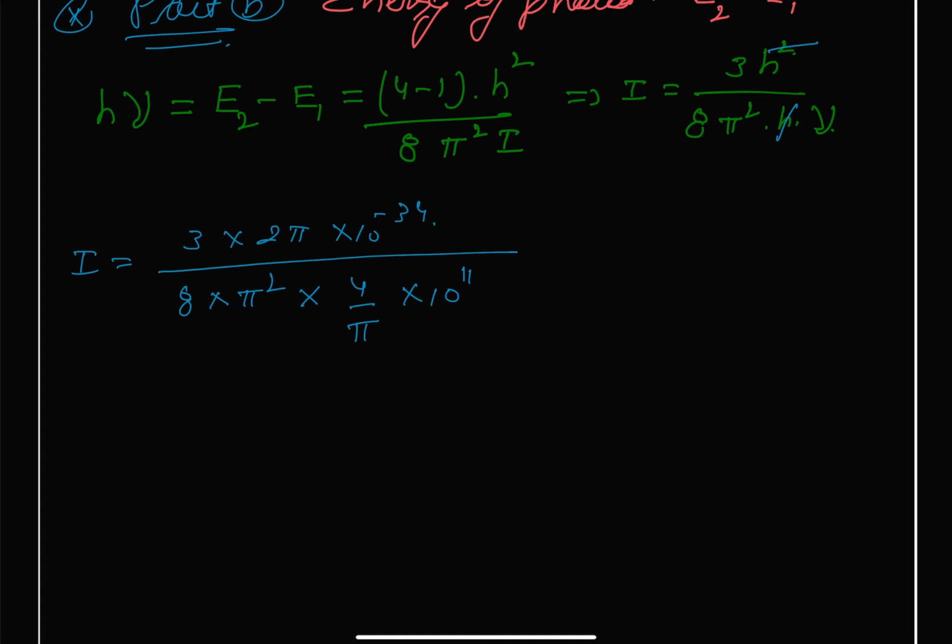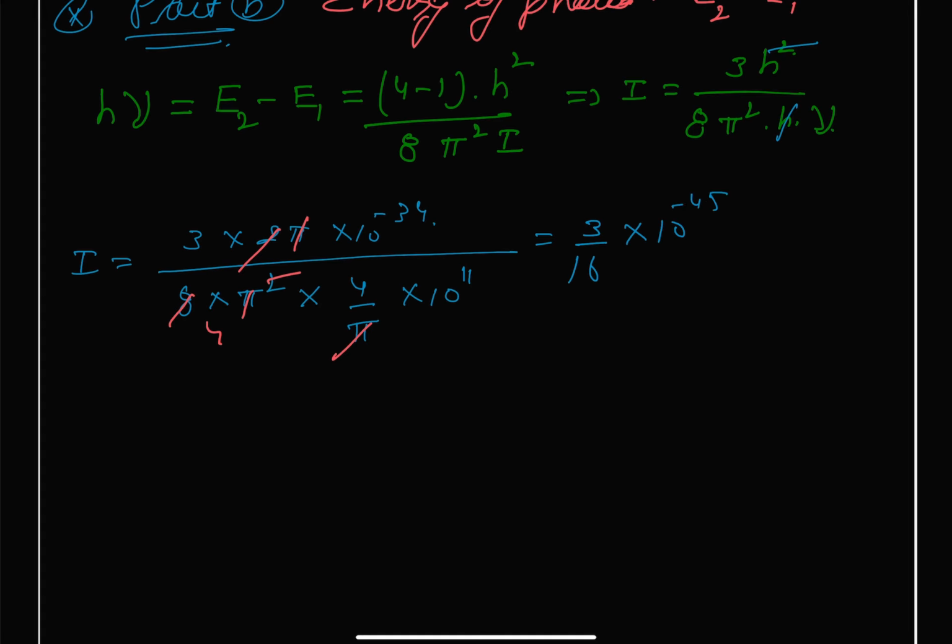So this pi and pi go away, this 2 goes by 4, and we are left with 3 upon 16 into 10 to the power, this will be minus 34 minus 11, that is minus 45.